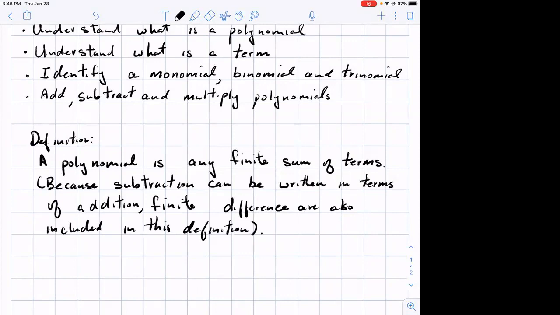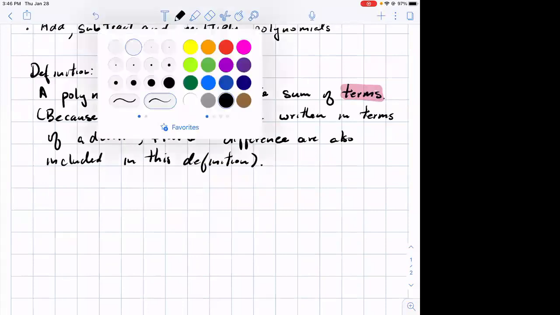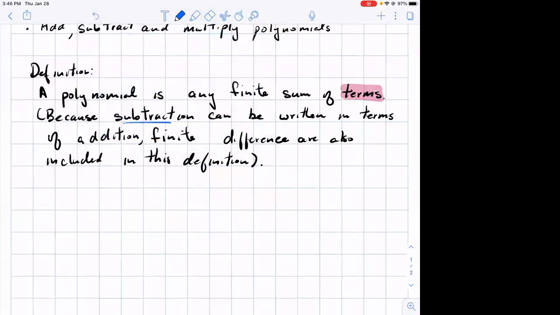So what is this basically saying, right? So a couple things to note. We have something to look at here, what is called a term, okay, or terms. But what do we mean that subtraction, when we say subtraction, can be written in terms of addition? What does that mean?